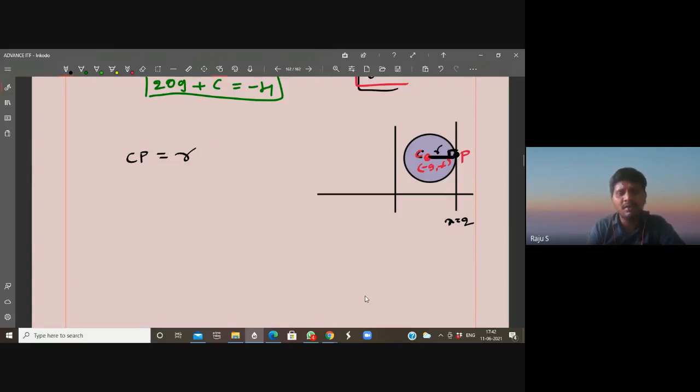What is the perpendicular distance formula? (A x1 plus B y1 plus C) by root over A square plus B square. Already we discussed many times. So the point will be minus g, minus f. This is x1, y1, and the distance is R.